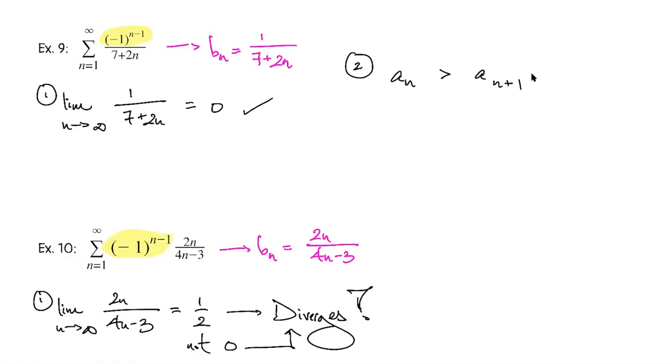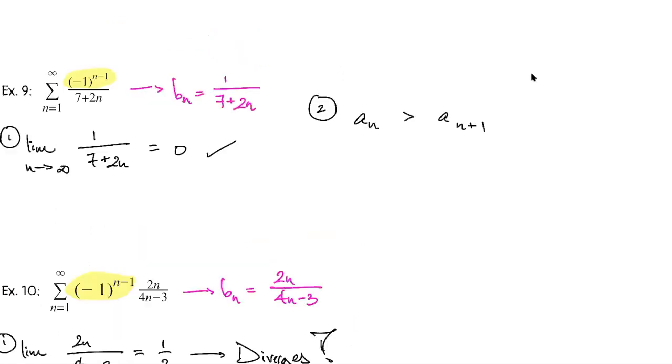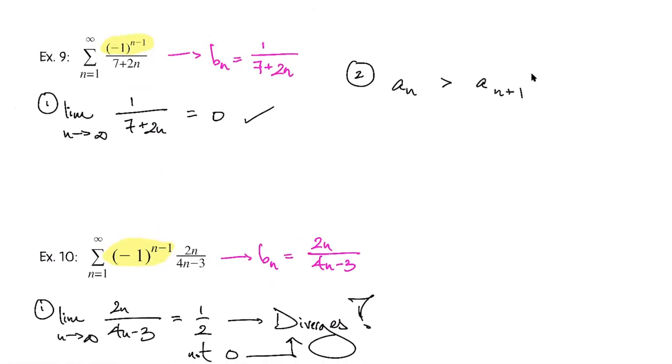So how do we write a sub n in this particular series? 1/7 plus 2n. How do we write a sub n plus 1? 1/8 plus 2n. Oh no. 9 plus 2n. Plus 1. Tell me before you simplified it. Like literally, what did you plug in?